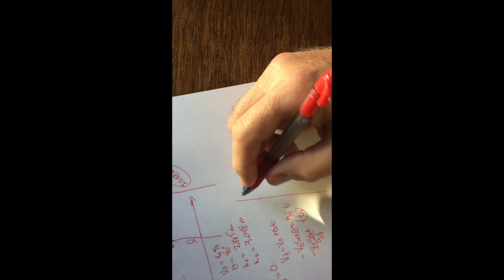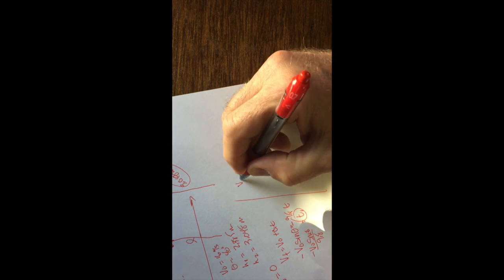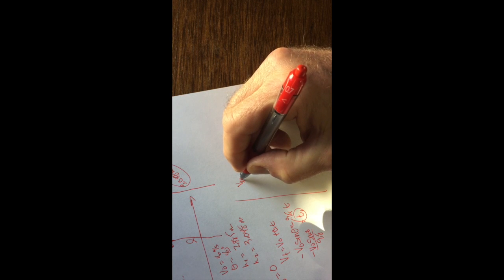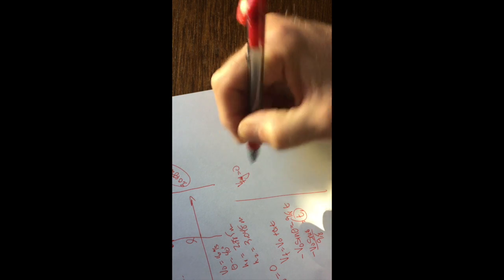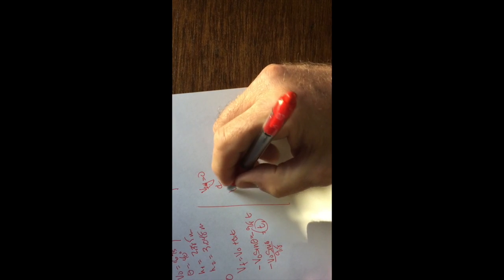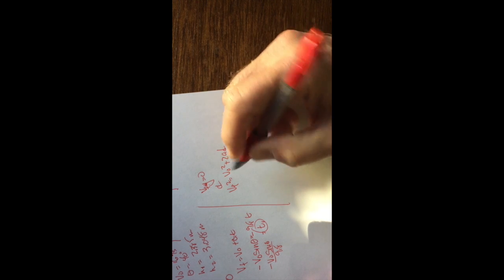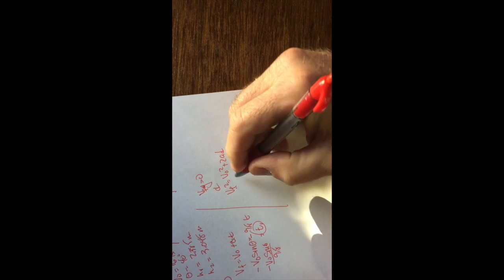So let's see here. Once again, we know that our v final in the y is 0. We want to bring a d into it, so we could probably use v final squared equals v naught squared plus 2ad. V final is 0. I'm going to move this over.